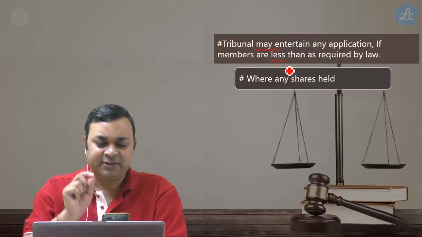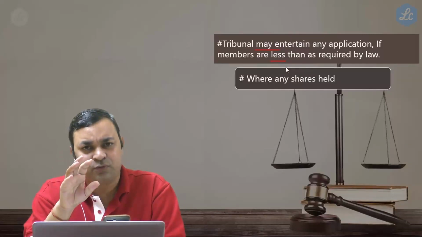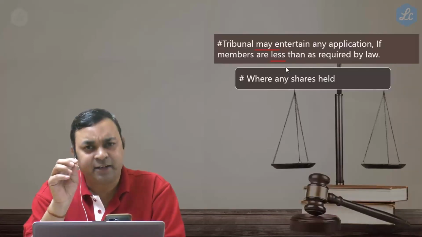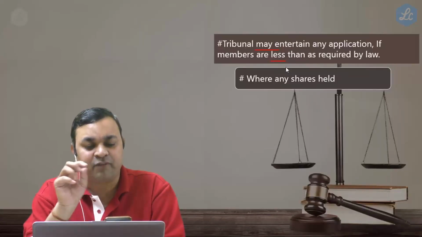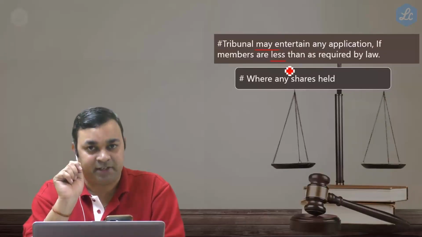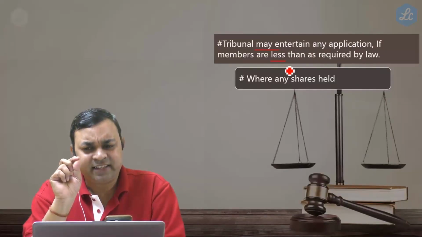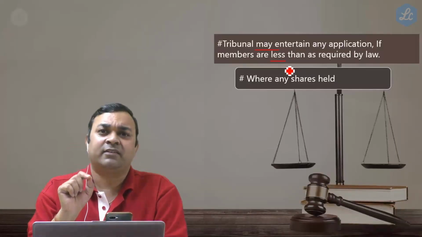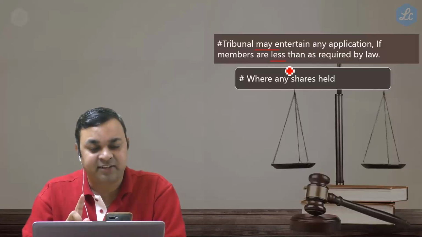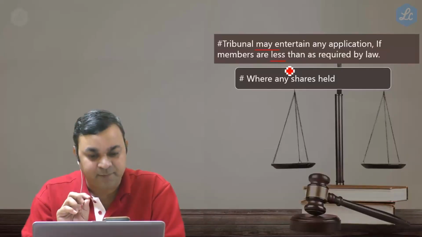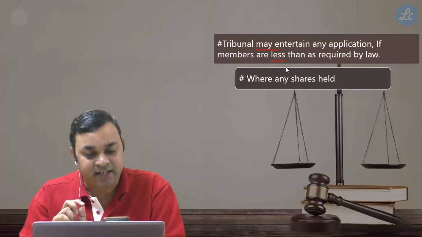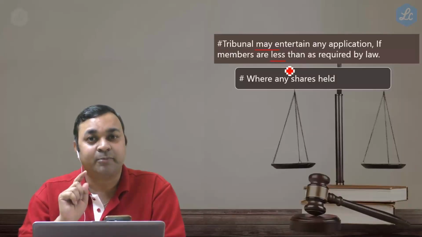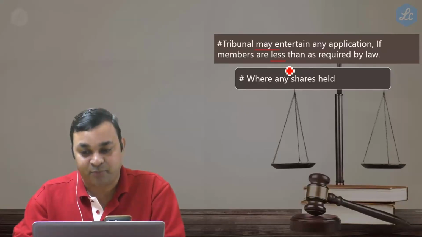First we will write that as per section 244, these are the prescribed criteria: 100 members, or 1/10 of the members, or 1/10 of the issued share capital. Then in the concluding point we will mention, however, that there are 99 members and the required number of members is 100. The Tribunal may entertain an application if the number of members is less than as required by law. This is the most important point.